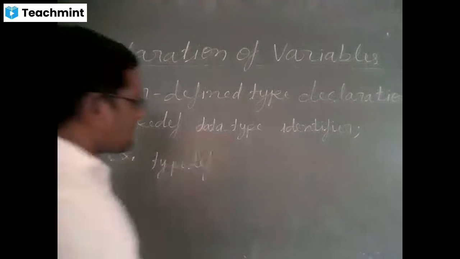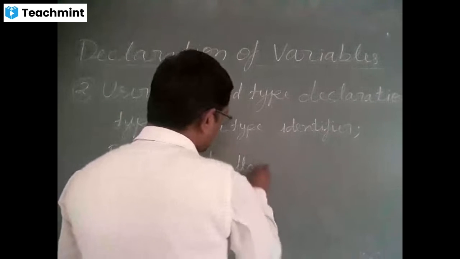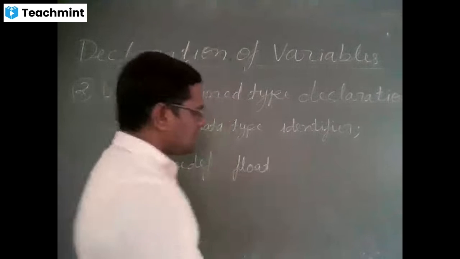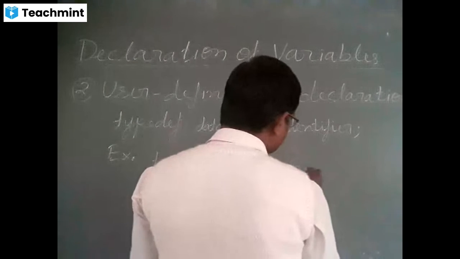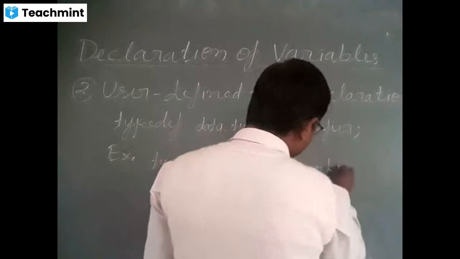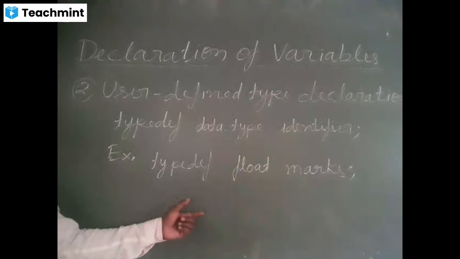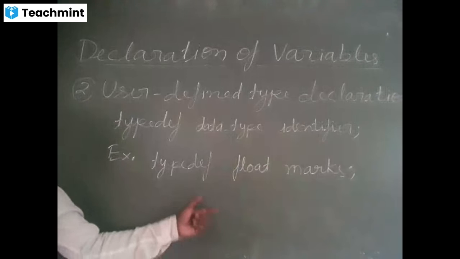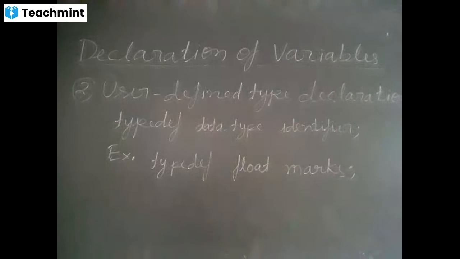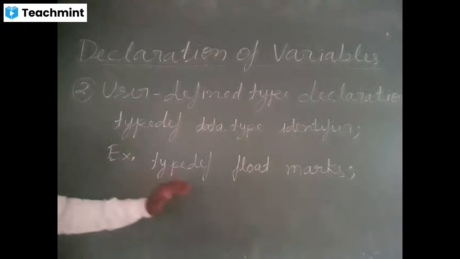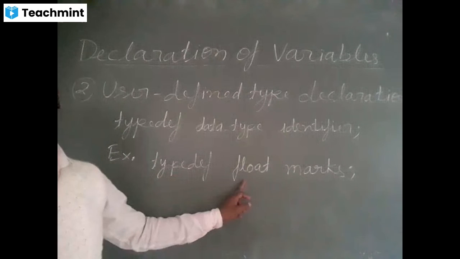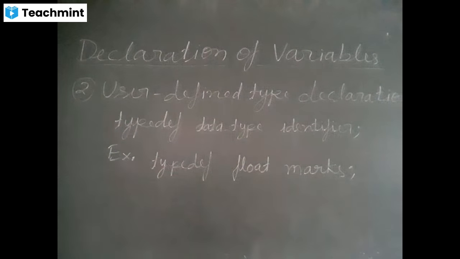So the data type will be float, and the identifier is marks. In this way we can declare a user defined data type. Here the marks symbolize float.